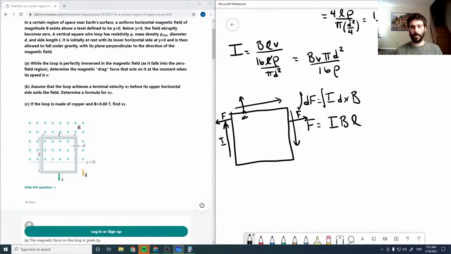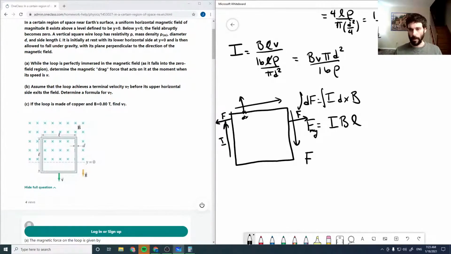So these two actually cancel, and then there's no force on the bottom of the loop. In other words, we only need to consider the force at the top of the loop, as that is going to be our only contributor. So that is our magnetic force, just IBL.